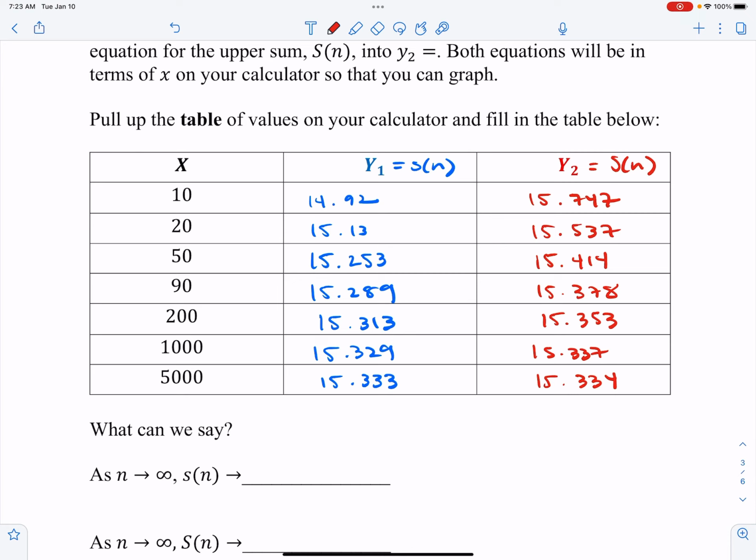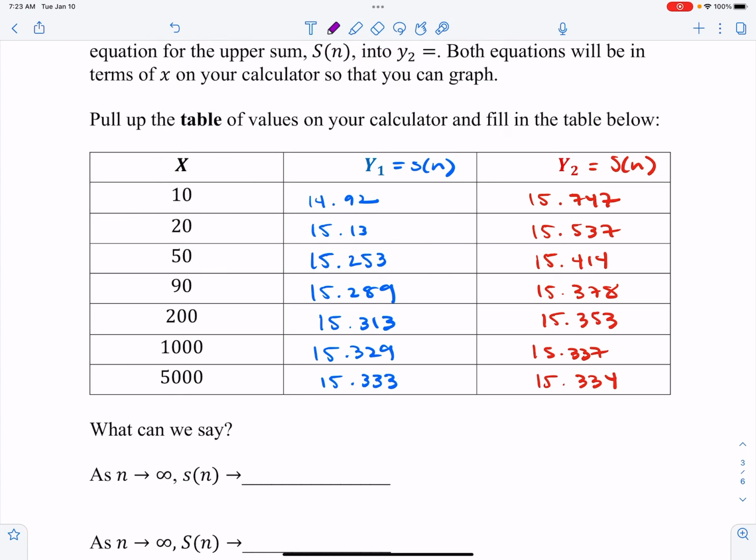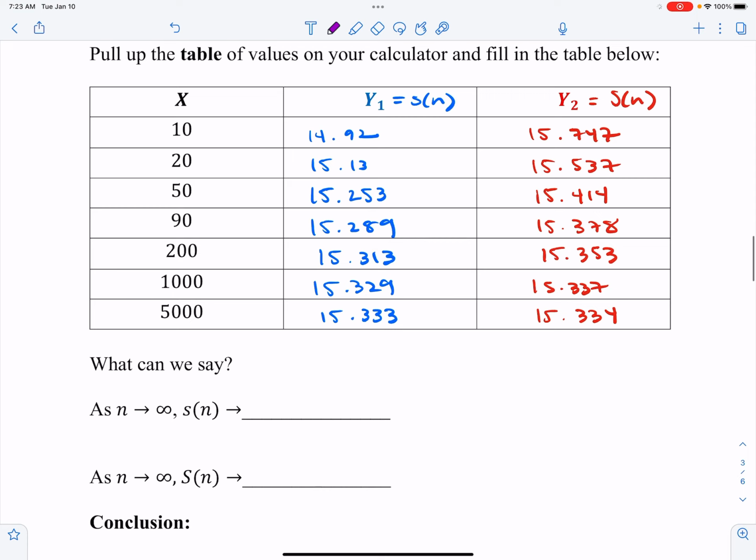It seems like the lower sum is approaching the same value as the upper sum, right? As we're using more and more rectangles, so you could think about that as n is approaching infinity, right? As we're approaching infinitely many rectangles, it seems like that lower sum is approaching 15.3 repeating. And it also seems like the upper sum is approaching 15.3 repeating.